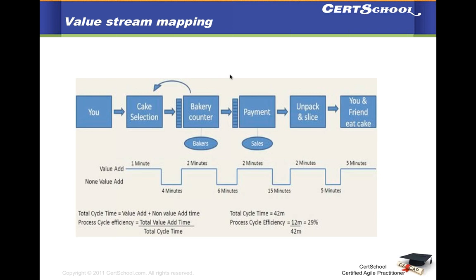All right, so I'll just go back to the previous example one more time. Who would be creating this value stream map? Who would have a better intention of creating this value stream map? It's probably going to be the baker, because they want to make sure that their customers who are coming are being given the most value. They don't want customers to spend 4 minutes finding the person they can place the order with.